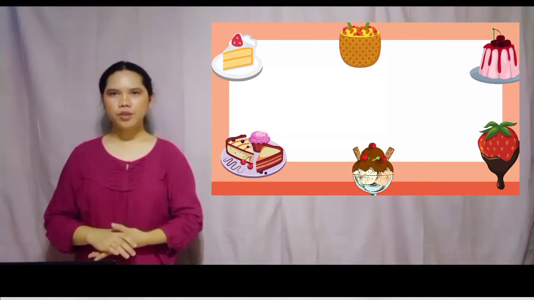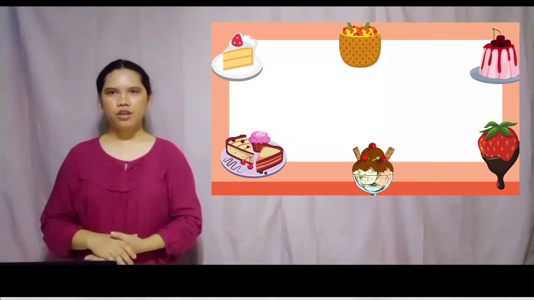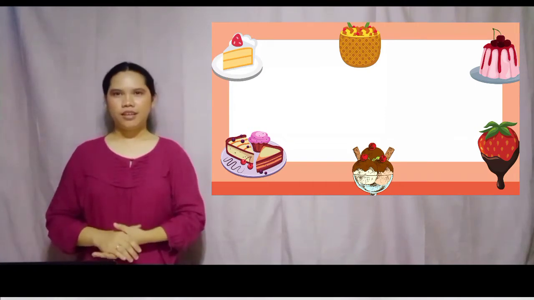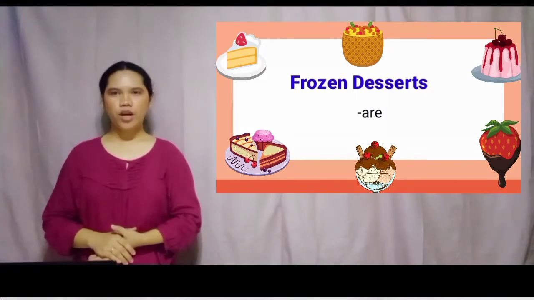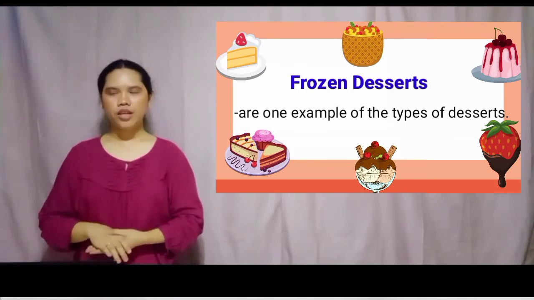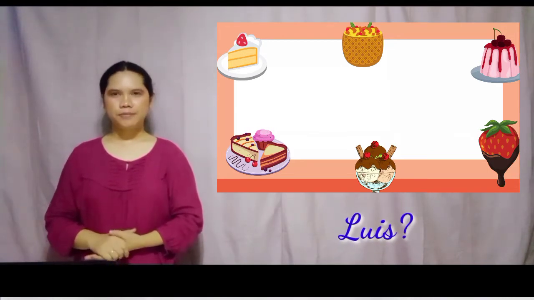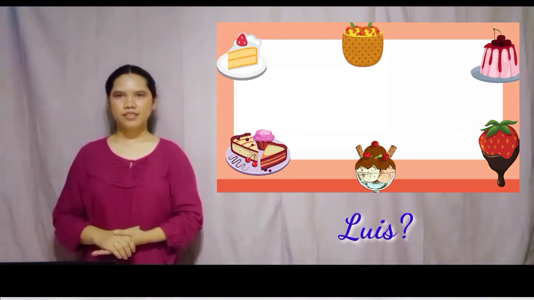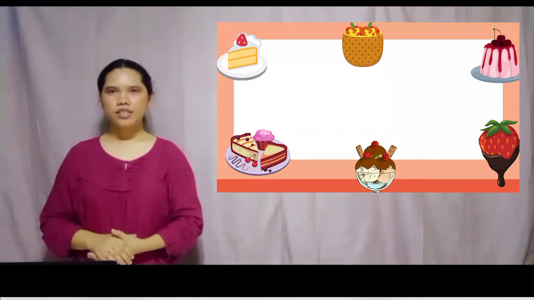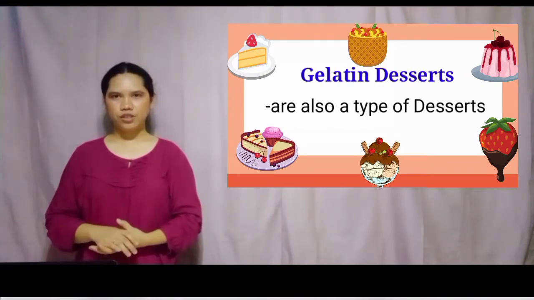Anybody who can give an example? Okay, Russell. Frozen desserts is one example of a type of dessert. Any other answer? Okay, Luis. Very good. Gelatin dessert is also a type of dessert.